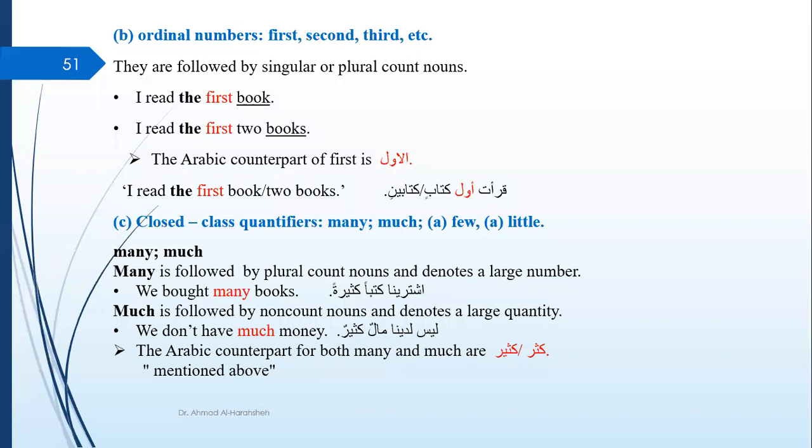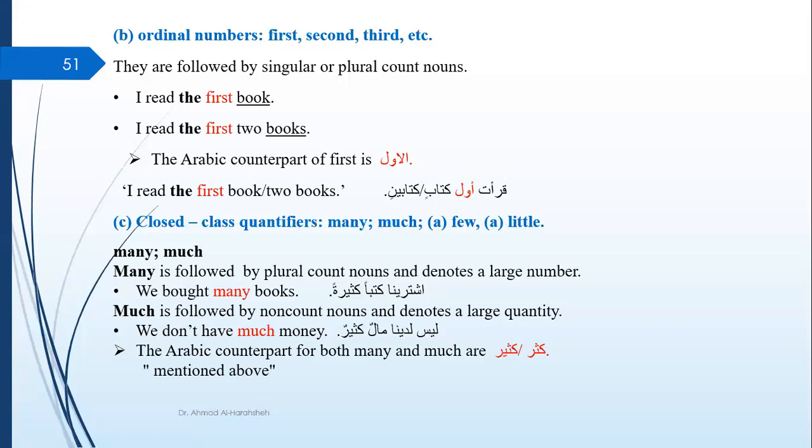We have also, number 3, closed class quantifiers, such as many and much, few, a few, little, a little. Now, many is followed by a plural count noun.